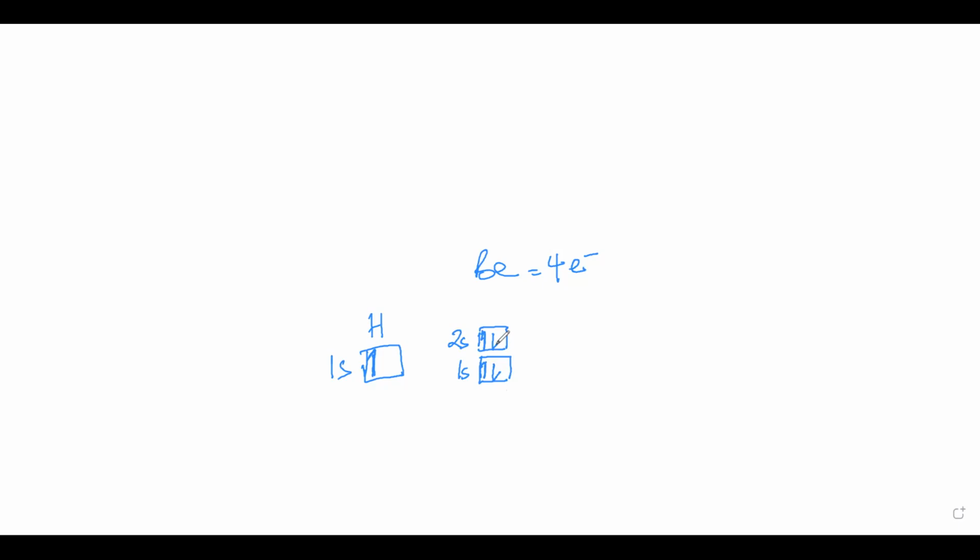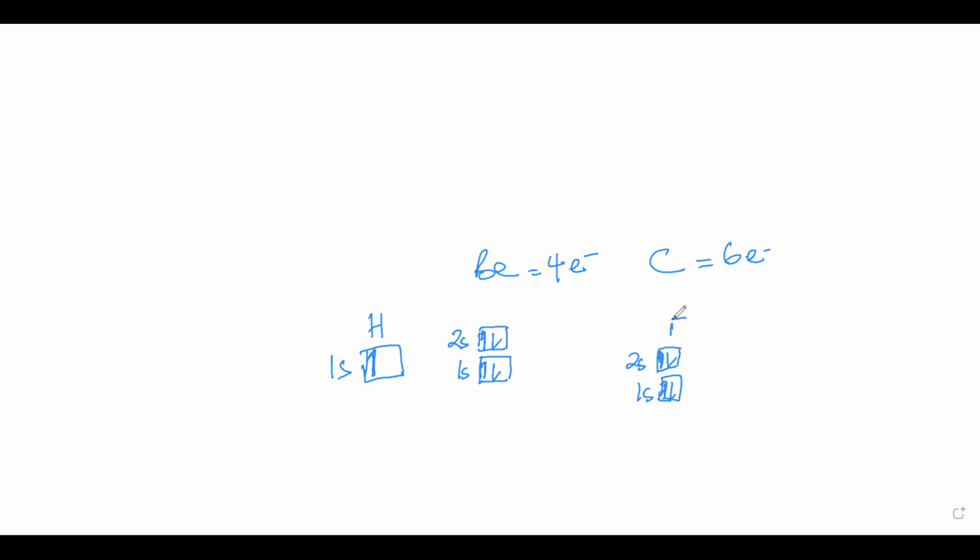Let's look at carbon. Carbon's atomic number is 6. If atomic number is 6, number of protons is 6, number of electrons is 6. So 6 electrons. I start from 1s. I fill this up, following the rules. Then for the remaining, I go to 2s. I fill it up, following the rules.